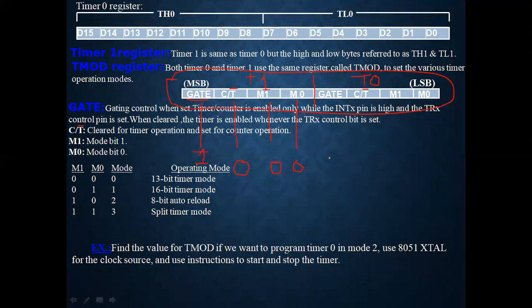So if we are using timer 1, this bit pattern, and this will be all 0. Clear? So this will be the bit pattern, that is F0. So this bit pattern will tell us that timer 1 is being used as a timer and the mode of operation is 13-bit timer mode 0.